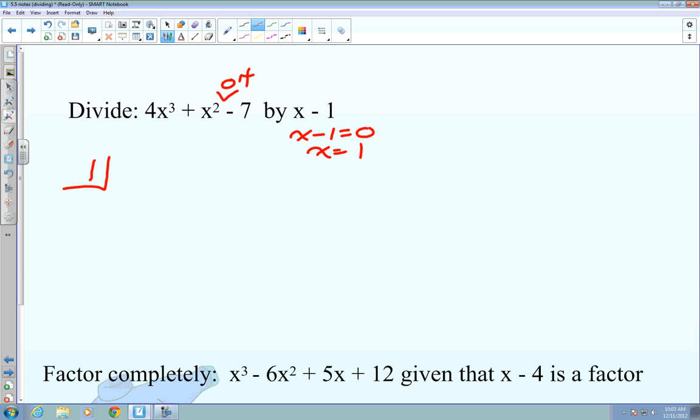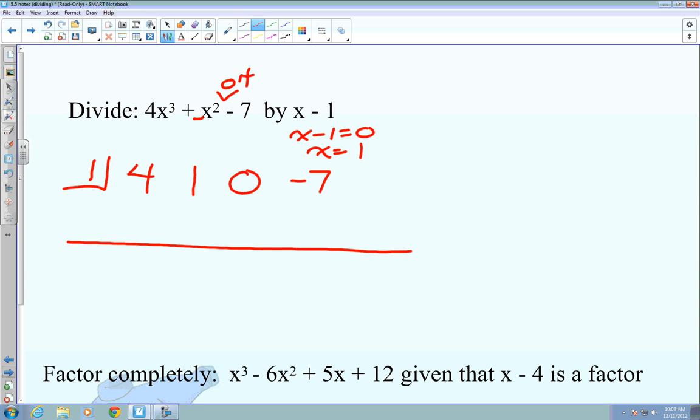Then I'm going to say 4 for the x to the third, 1 for the x squared, 0 for the x, and minus 7 for the constant. Skip a line and draw a line.